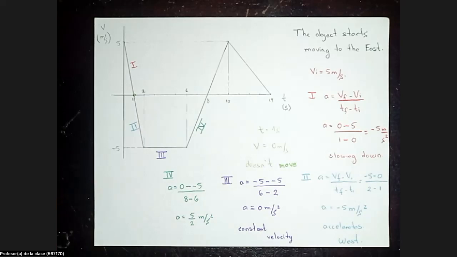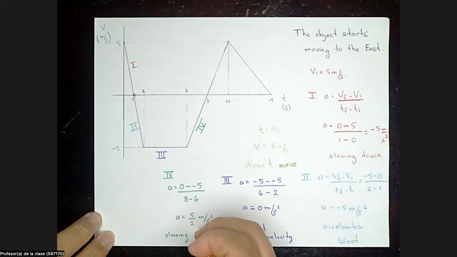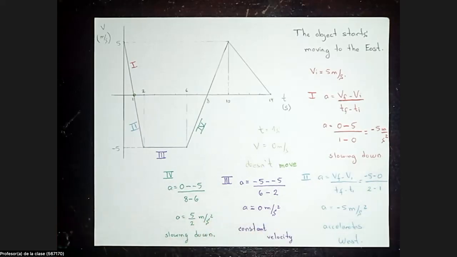Now, the interpretation. On the fourth interval, the object is slowing down. Why?